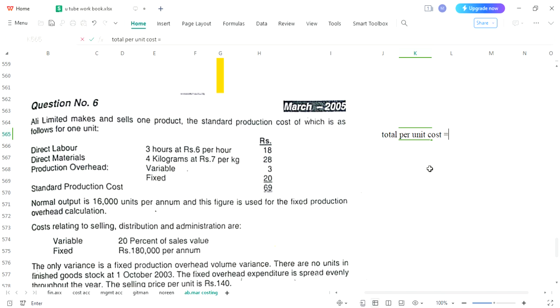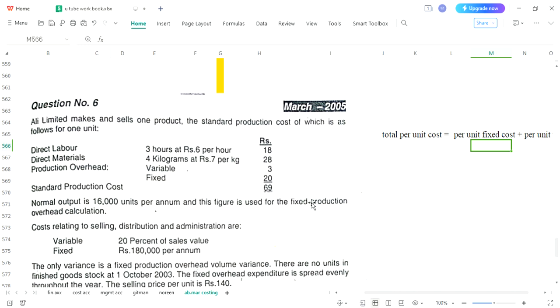How do you calculate it? For that, you need to have per unit fixed cost, and then you will add per unit variable cost, with which you will be able to calculate your total per unit cost.